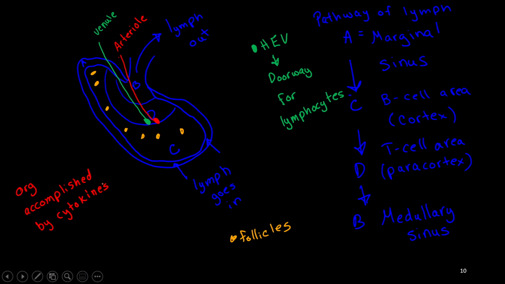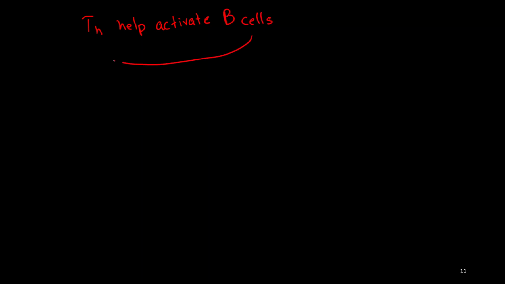Now, even though they are going to be heading towards these two regions, there are some interactions between the T cells and the B cells. Ultimately, the T helper cells help activate B cells, and the B cells help activate the T helper cells.